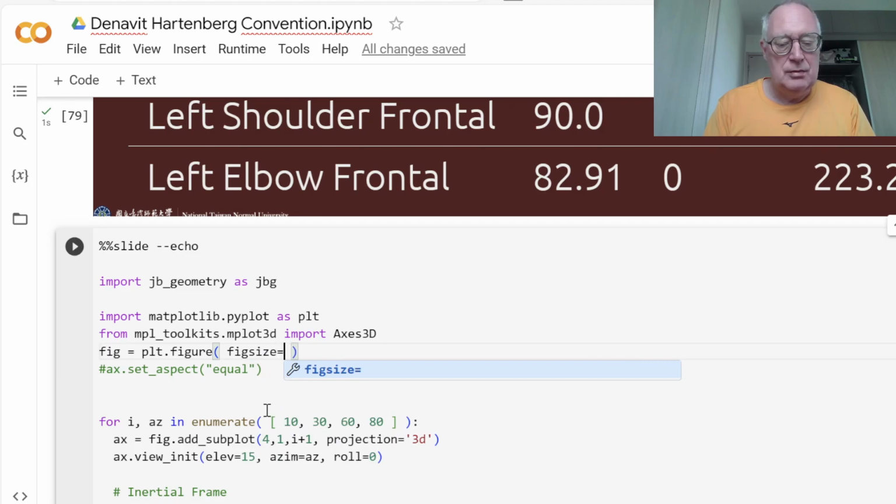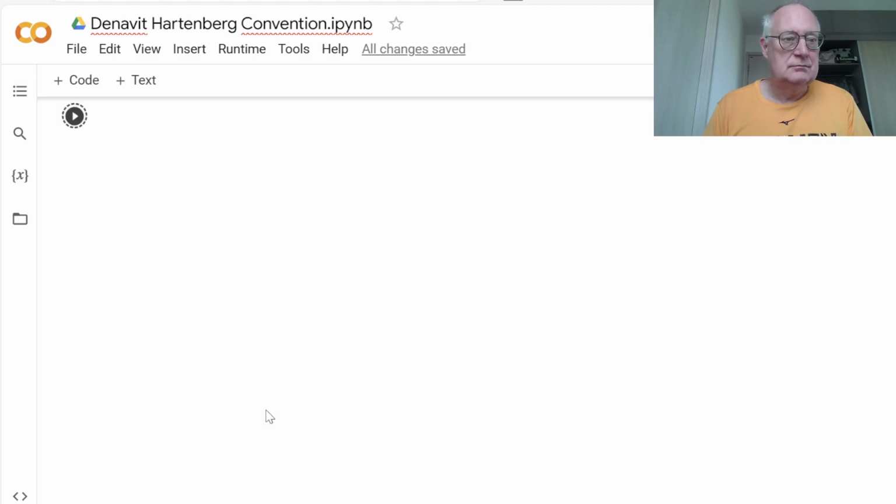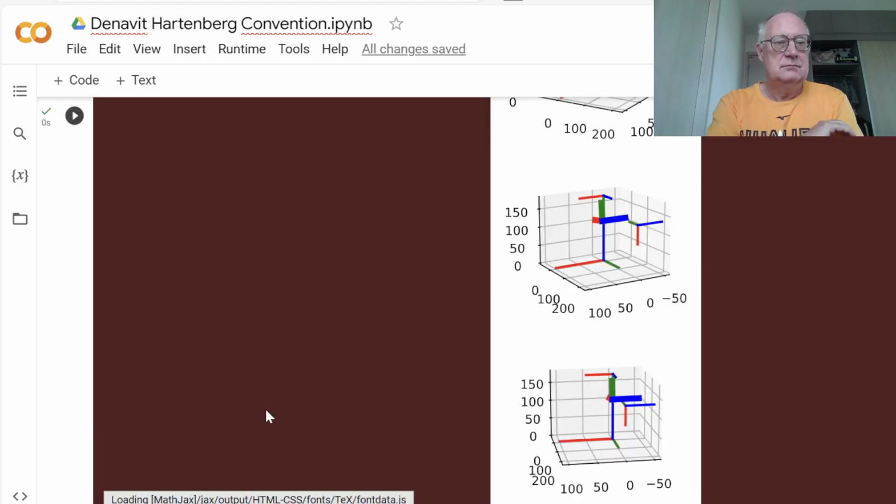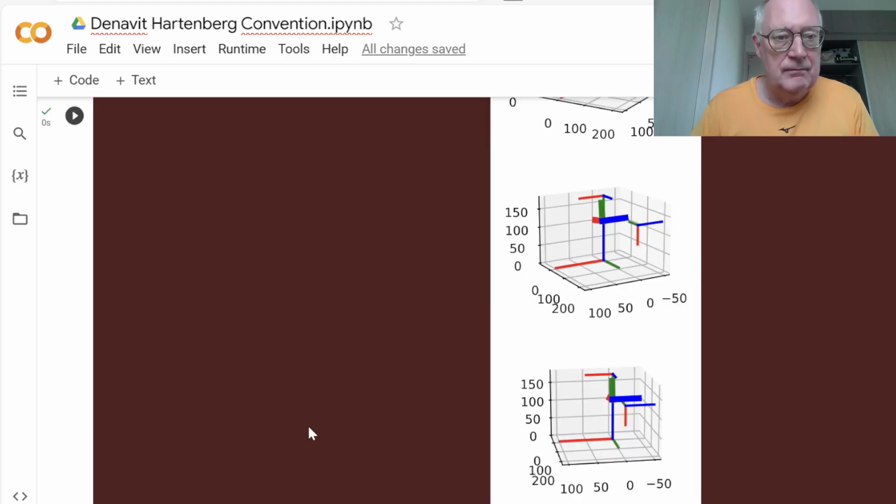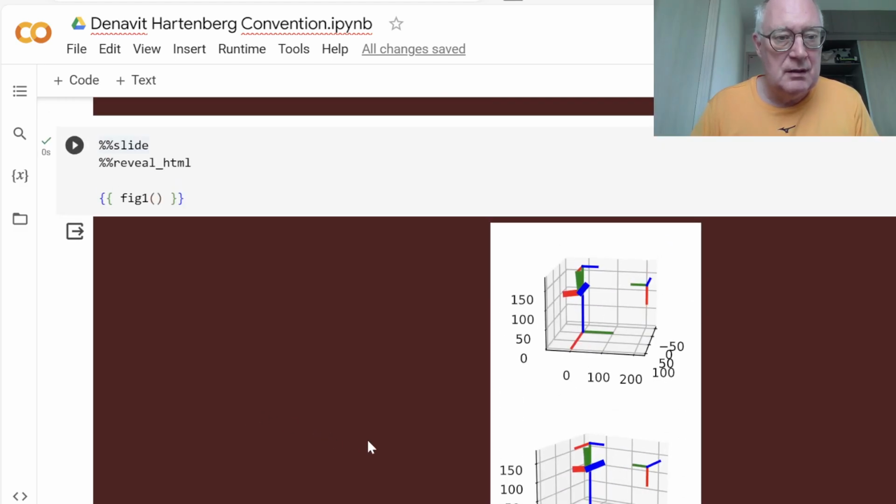Fixed size is equal to 20, 10, let's make it 50. Okay, so that's a little bit better.